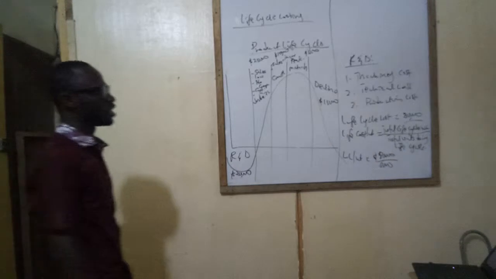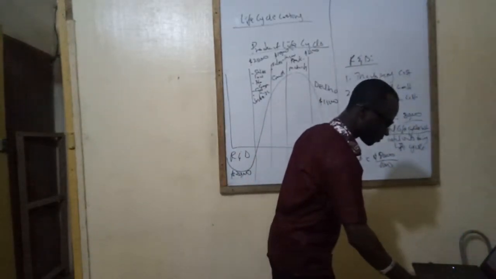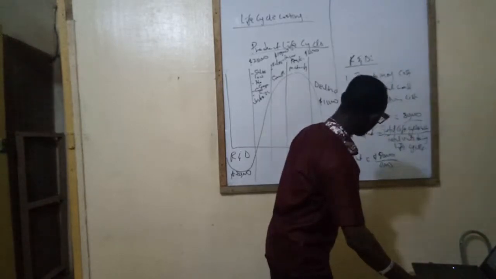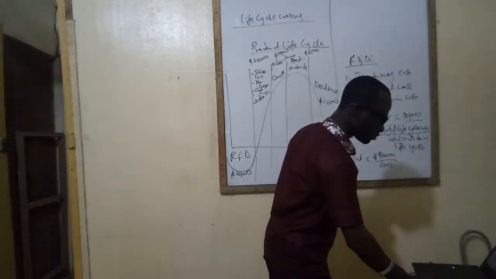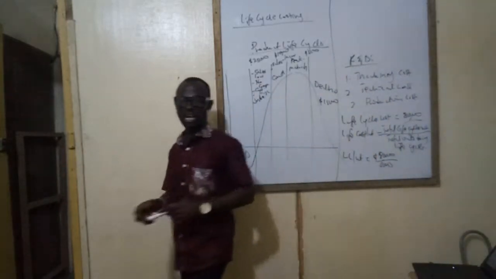Any question on life cycle costing? I'm done. The formula: what is the total life cycle cost divided by total units during the life cycle?